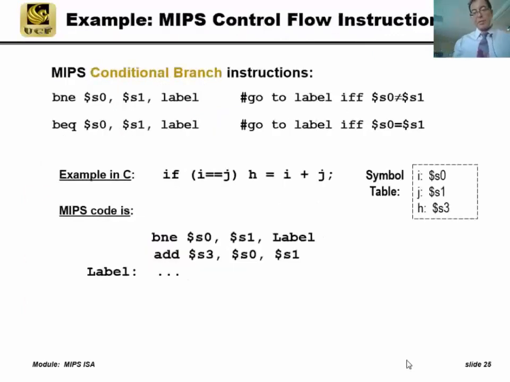But for example, in my .text segment, which is instructions, what this is saying is that if these two registers' contents are not equal, branch to label. So label is an address that I want to branch to. I put a colon with some tag, and the assembler is going to make this mapping. So you're going to say, okay, I'm not sure what's going on here. Let me give you an example.